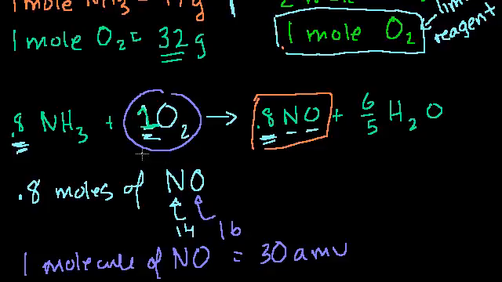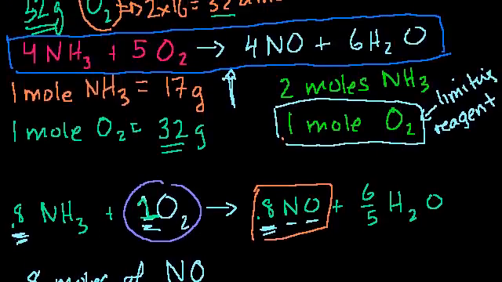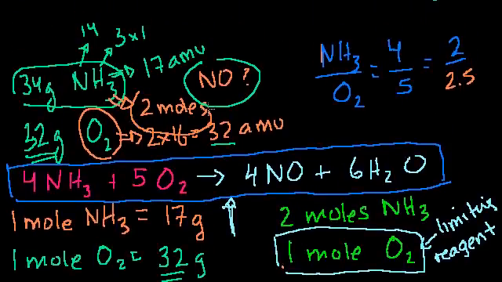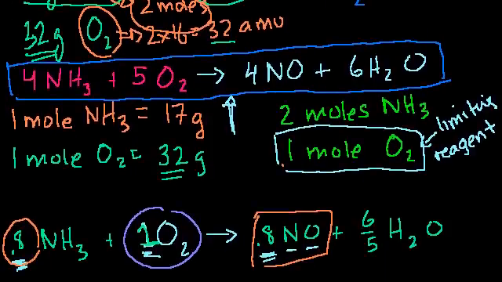You might ask, we're only using 0.8 moles of ammonia, but in the original problem we were given 2 moles of ammonia. So what happens with all the leftover ammonia? Assuming we mix it really well, we're going to end up with 1.2 moles of ammonia doing nothing at the end.